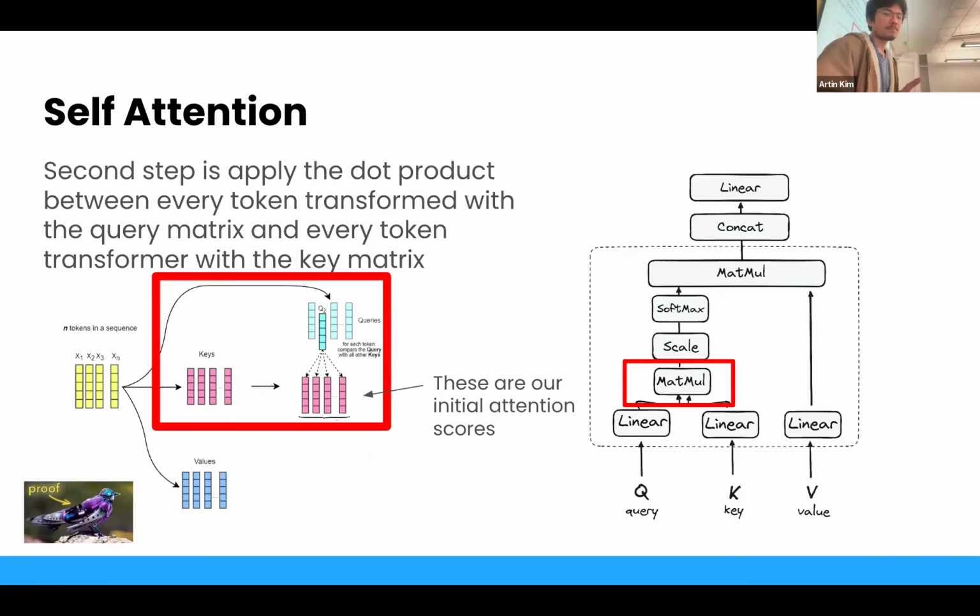Then what we do is we get all of the tokens which have been passed through our key network, and all the tokens which have been passed through our query network, and we do a dot product between every single one of them. Or you can think about it as a matrix multiplication.